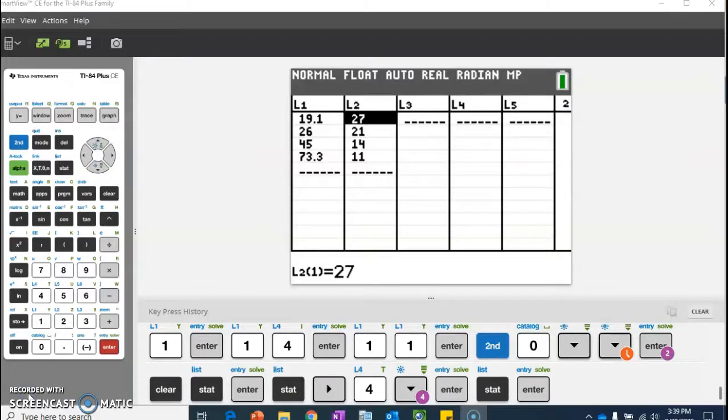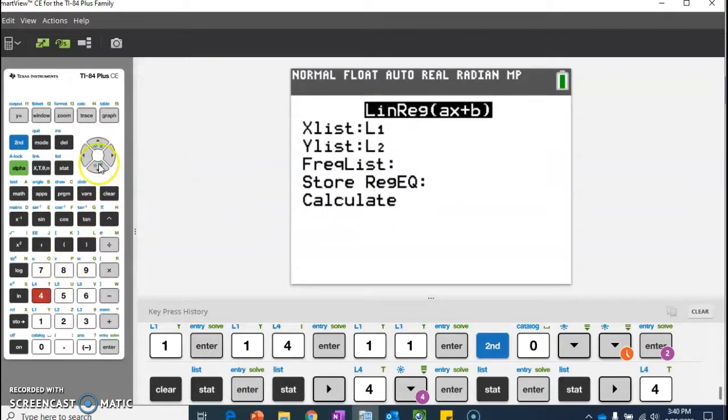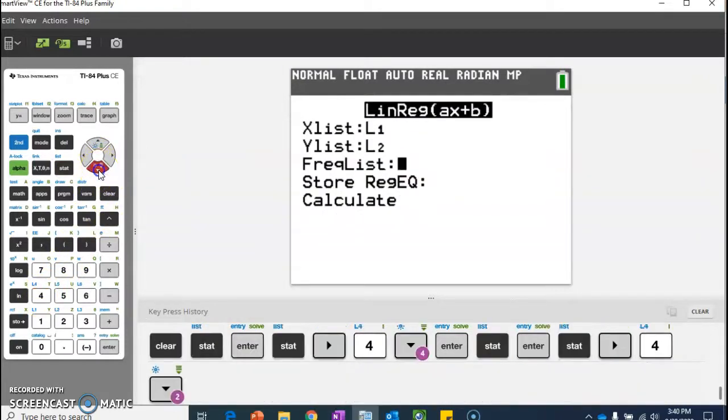So I went to Stat and Edit, and I entered the data. Into list 1 are my X values, and into list 2 are my Y values. And then I'm going to go to Stat and Calculate, and I want a linear model, so I'm going to choice 4, Linear Regression. And I'm going to calculate.